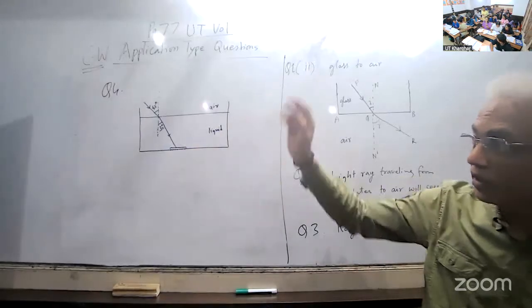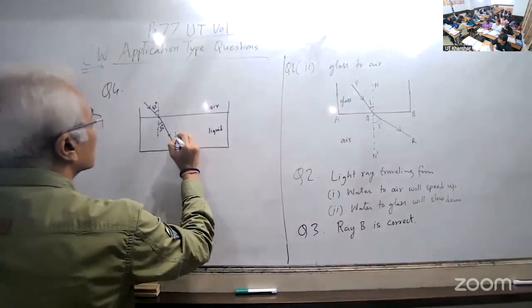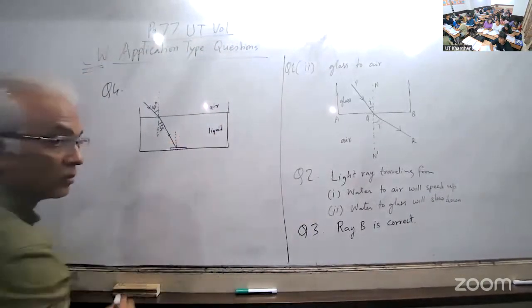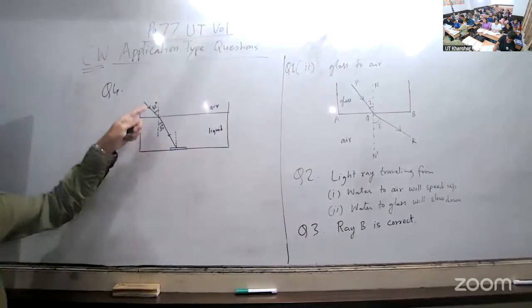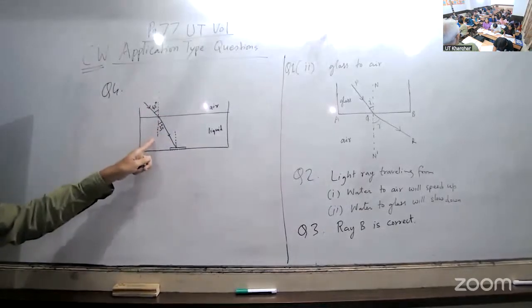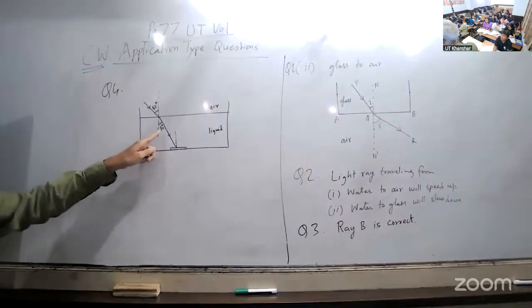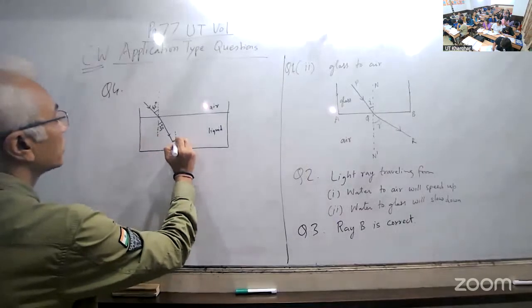So it will reflect. What should be angle of reflection? What is this angle? Alternate angle. This normal of the mirror must be parallel to normal of the water surface. So this is 30. This also should be 30.